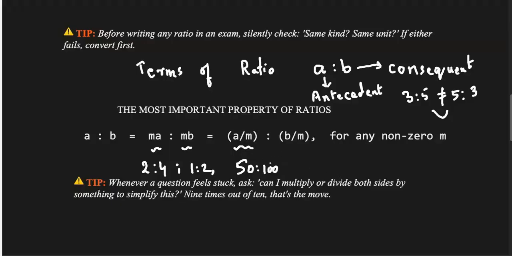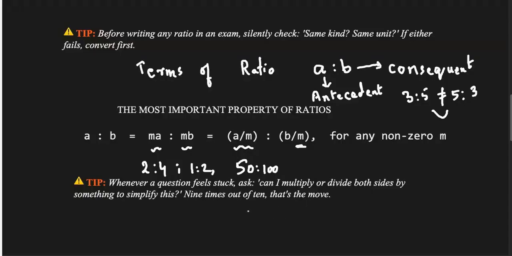Because we can see a common number which can divide all of them. That's why this property of ratio is very important. So whenever you feel stuck in a question, ask: can I multiply or divide both sides by something to simplify this? Most of the time that is the first move you have to make.